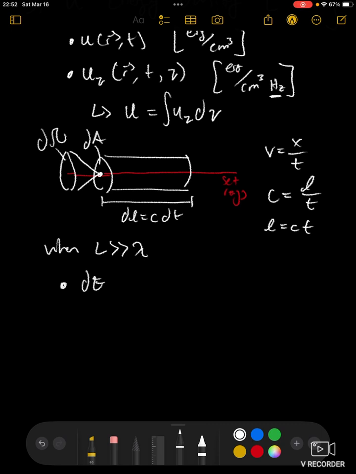Now, one ray is going to be infinitely small, but we're going to assume that this is a bundle of rays, so its energy is not negligible. Or if we want to take it for a single one, it would be infinitely small. And then we see dA, dt, because dA is the area from here, and then dt, and then c as well, because of the length that we're looking at.